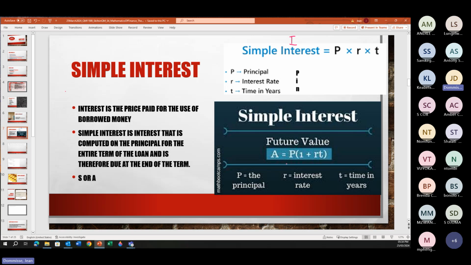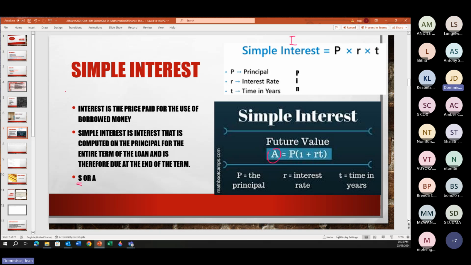And for the future value in the simple interest formula, mostly on YouTube and other sources it's reflected as A, but in some instances it's referred to as S. So when you Google some of these terms and want to watch videos, be on the lookout, as they use different symbols for the same thing.